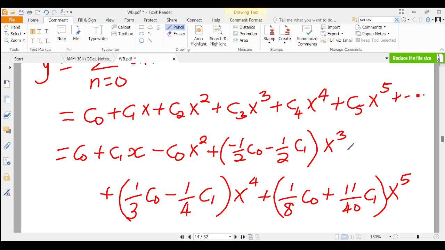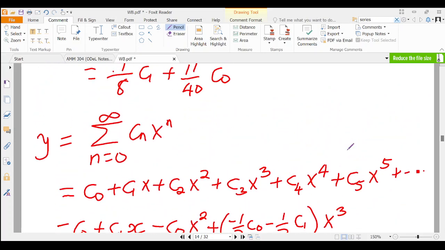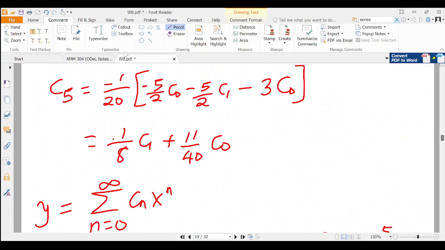Maybe you can check the signs for this. I'm not sure whether the signs were that. Yeah, the signs are all positive, because if we open the brackets here, we'll get the signs being positive.